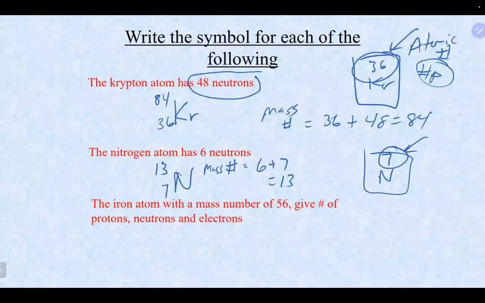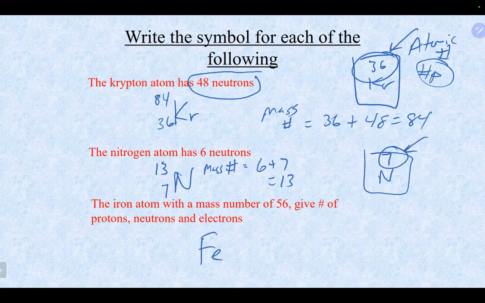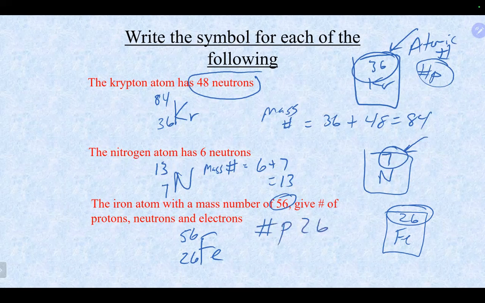And lastly, iron, which is 56. Iron 56. So iron is Fe. We go to the periodic table, we find Fe, and we see number 26 above it. And again, that's going to be our atomic number, which will go on the bottom, 26. In this case, they gave us the mass number, which was 56. Knowing the atomic number tells us in this case that this has 26 protons.